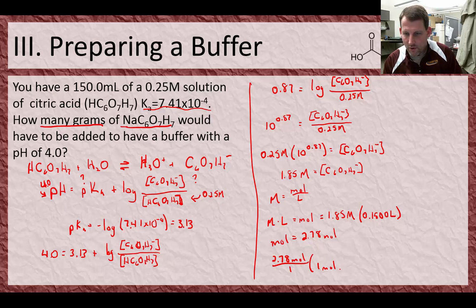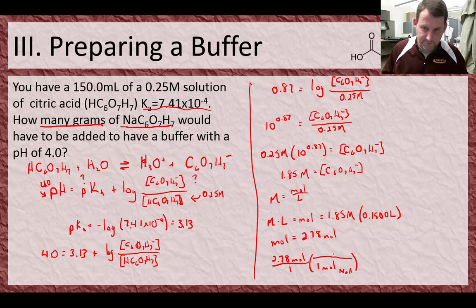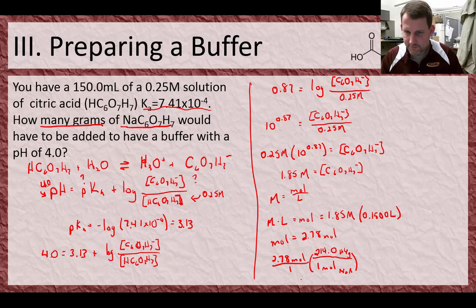So 1 mole of sodium acetate, I'm going to put an A there to save myself some writing, is equal to a molar mass of about 214.046 grams.